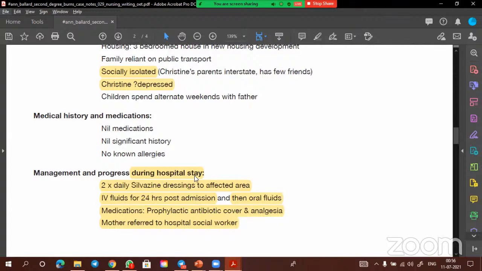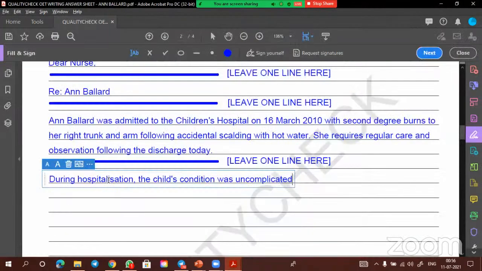During hospitalization, which means hospital stay, or during her stay in the hospital. However you want to write, you can write. The child's condition was uncomplicated. Why? Because they are giving everything.